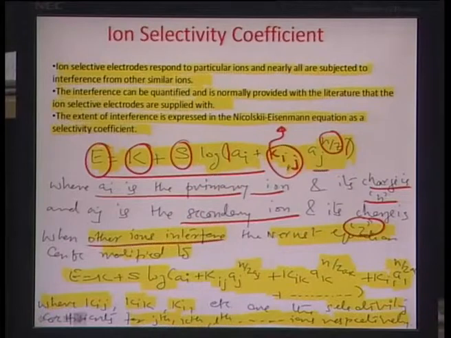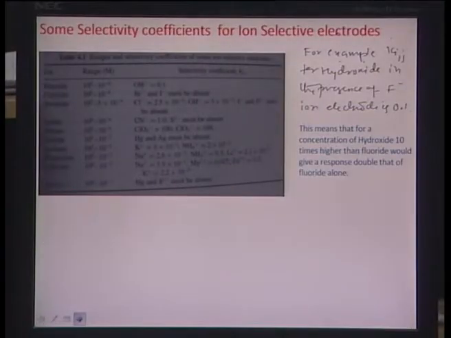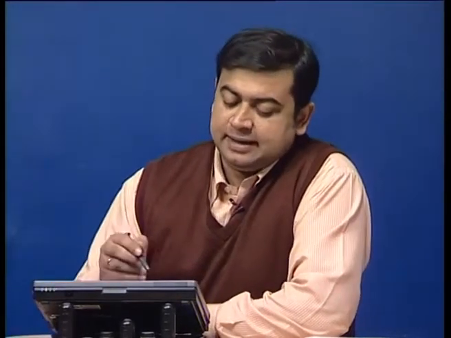If you look at some typical examples of Kij values, they are given in this Table 4.1 here, which talks about the ranges of selectivity coefficients of some ion selective electrodes. So essentially if you want to measure a fluoride ion, we were talking about these different selectivity coefficients, and let me actually take you back into the slide again.